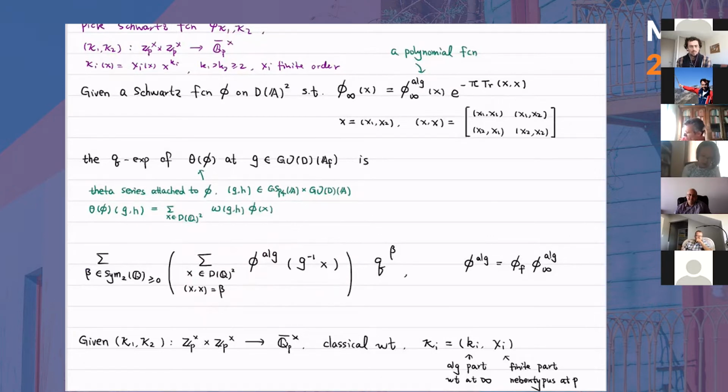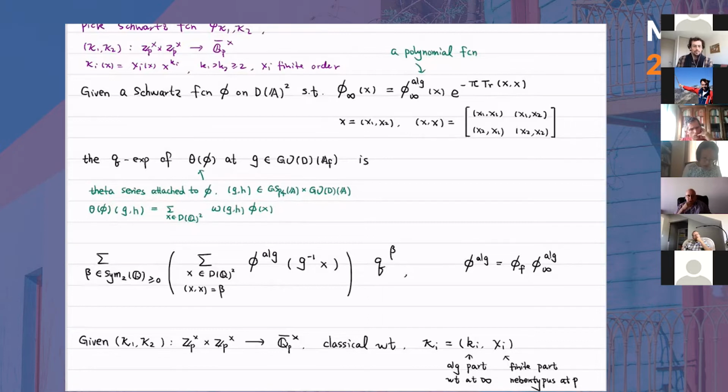Here the algebraic part is the Schwartz function at all the finite places times the algebraic part of the Archimedean place. This formula is very easy to get from the definition of the theta series and the standard formulas for the Weil representation.